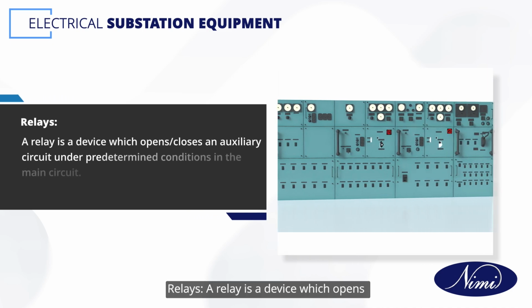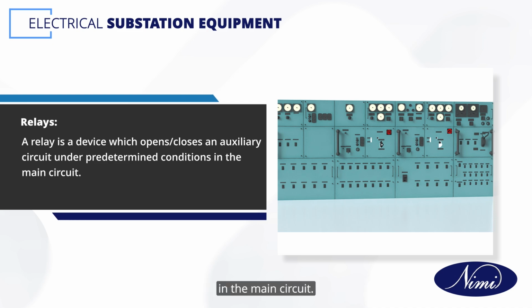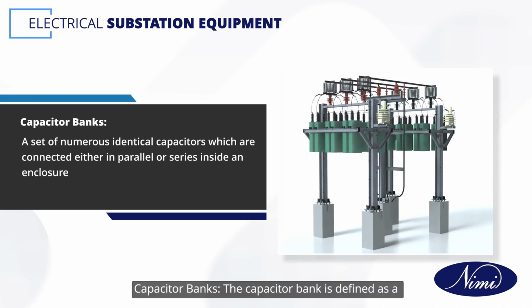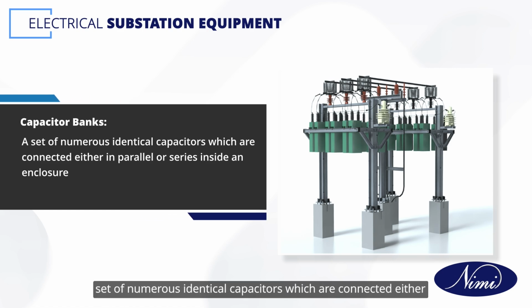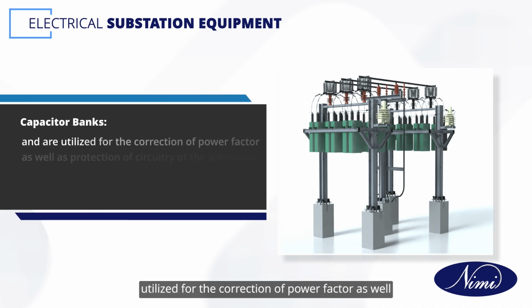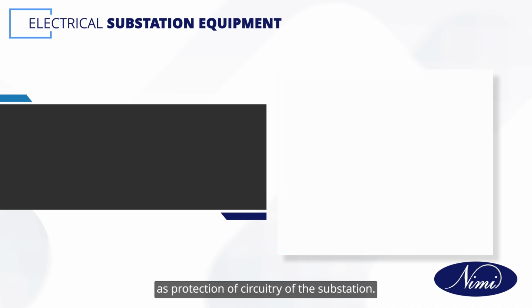Relays. A relay is a device which opens or closes an auxiliary circuit under predetermined conditions in the main circuit. Capacitor banks. The capacitor bank is defined as a set of numerous identical capacitors which are connected either in parallel or series inside an enclosure and are utilized for the correction of power factor as well as protection of circuitry of the substation.